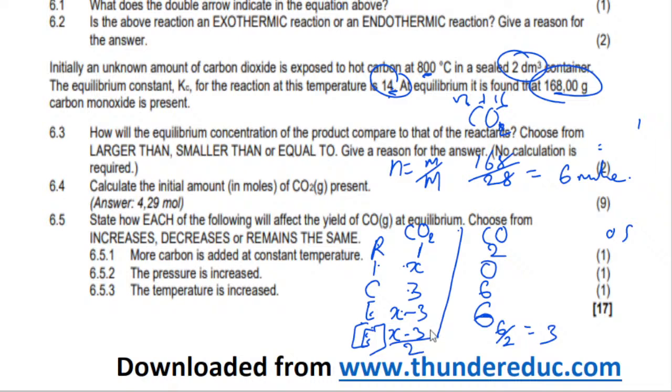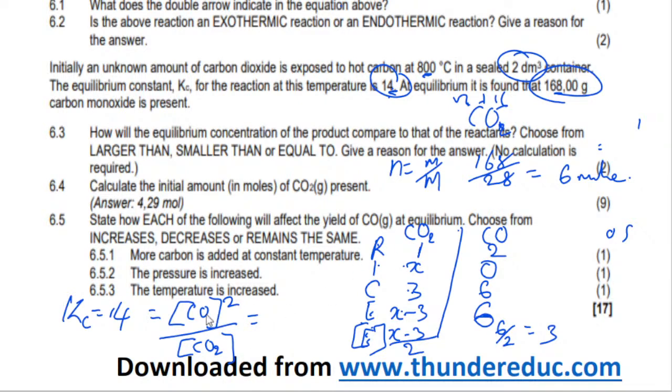You see? That's how you keep on calculating. You make it a table. So now the Kc, which is equal to 14, they said it here, is equal to the concentration of carbon monoxide, which is 2, so exponent 2, and then carbon dioxide, which is 1.